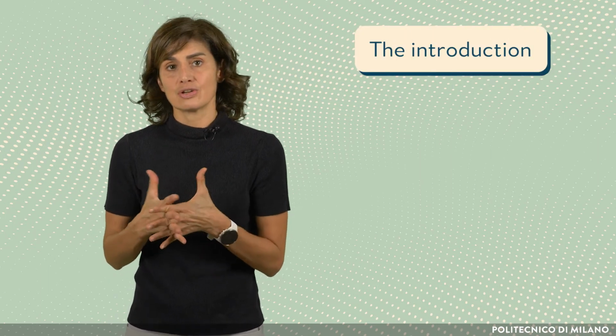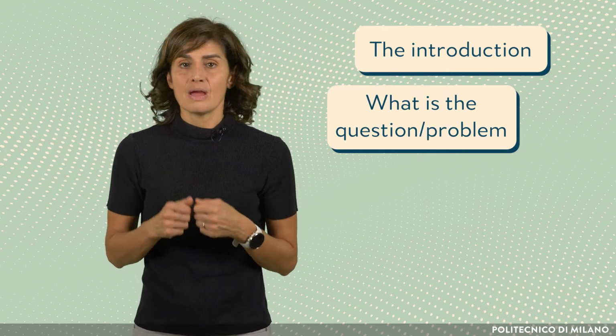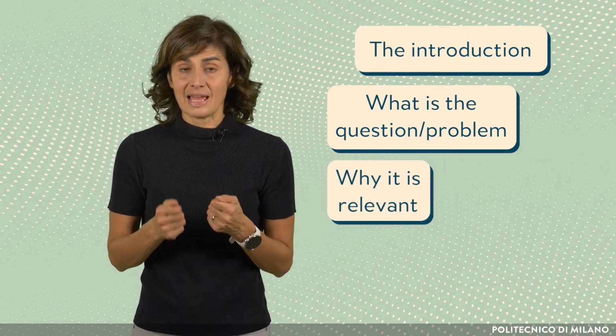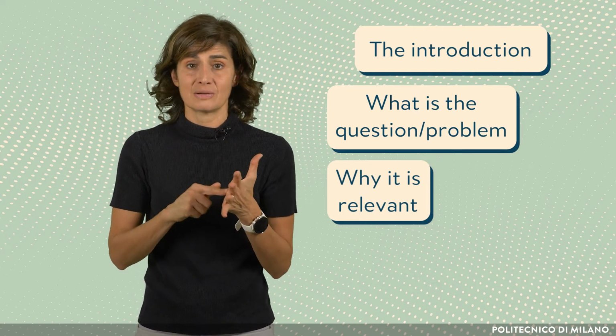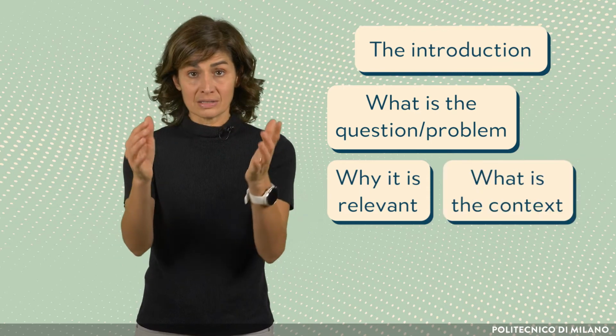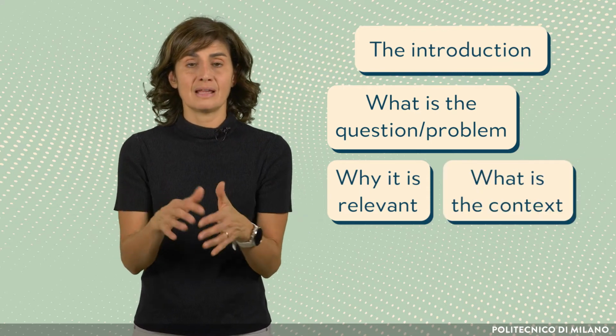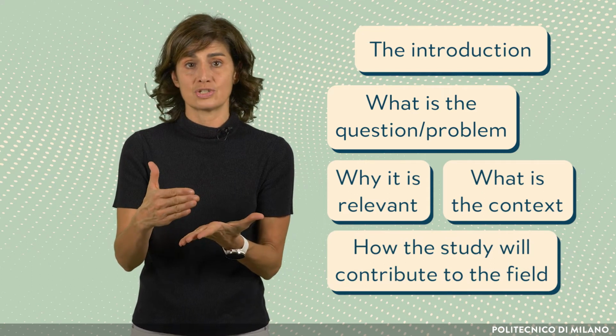The real beginning of a scientific paper is the introduction. In the introduction, you have to state what the question you deal with is, why it is relevant, and in what sense the study will contribute to understanding the question. You also have to frame it into a context, by which I mean a theory or a scientific field or a trend of research.